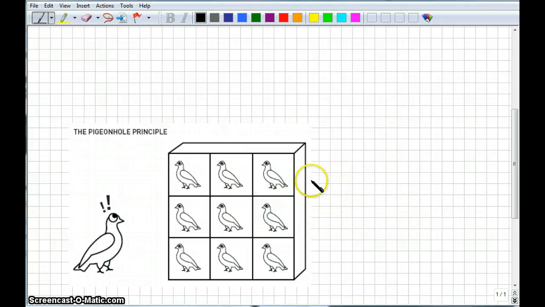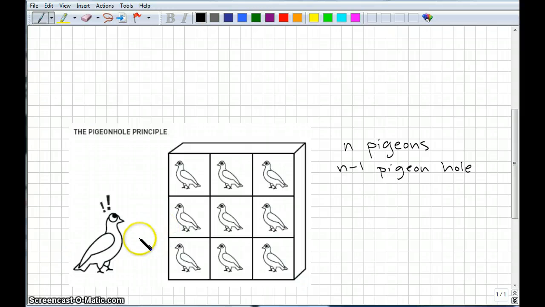The pigeonhole principle is basically that if you have n pigeons and you have n minus 1 pigeonholes, then when all those pigeons fly back to roost in their little pigeonholes, the first n minus 1 pigeons are going to find holes where they can be independently, and the last guy is going to have to room with one of these other guys.